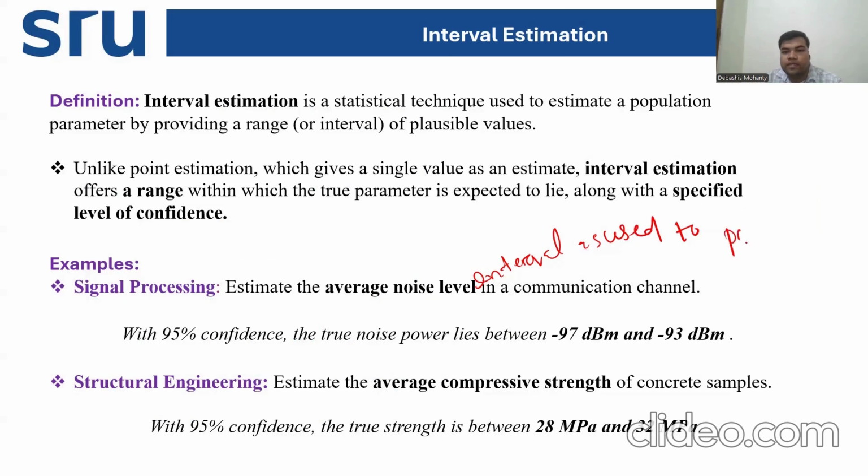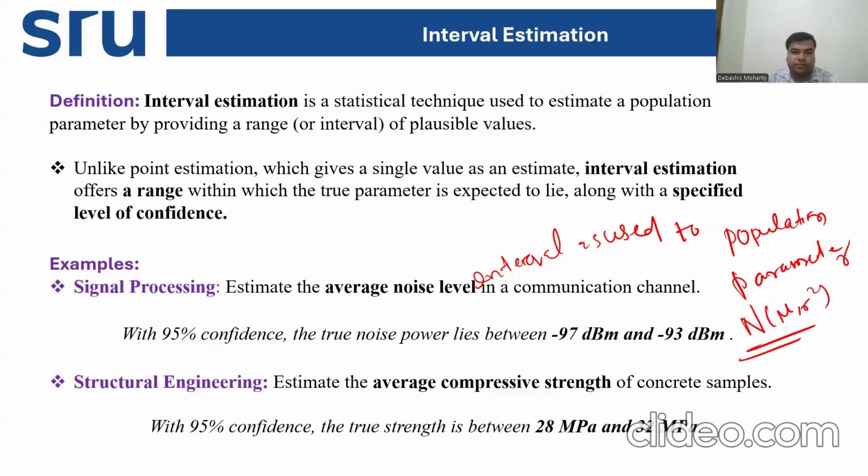What is the meaning of population parameter? That is the population parameters, mu and sigma square. Okay, students.